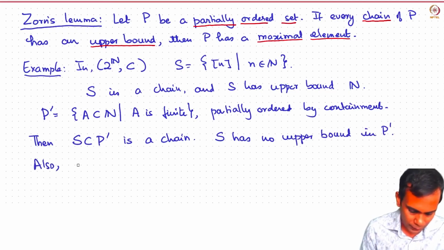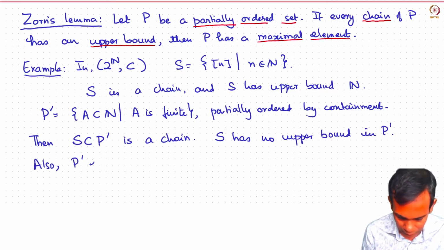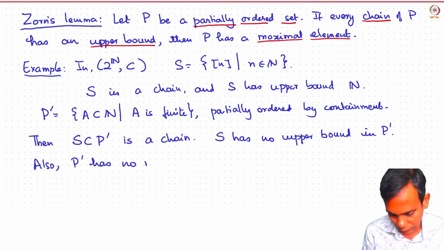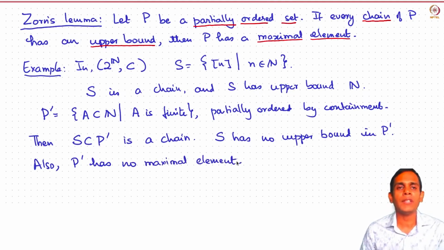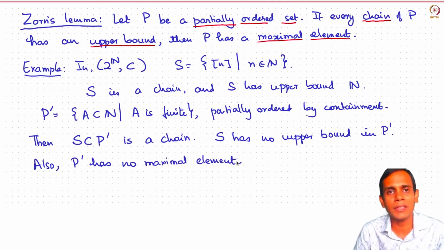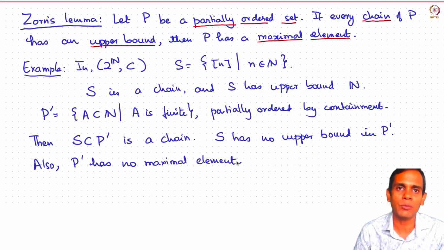P prime has no maximal element. Because if you were to take any finite subset of the natural numbers, you could always add one more natural number to it and get another finite subset of the natural numbers. So P prime has no maximal elements.